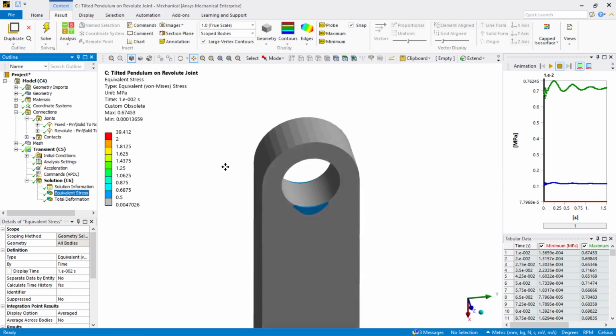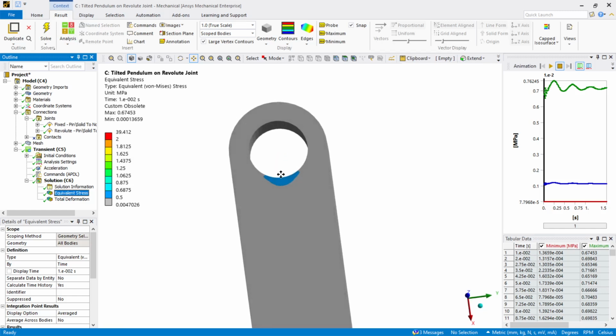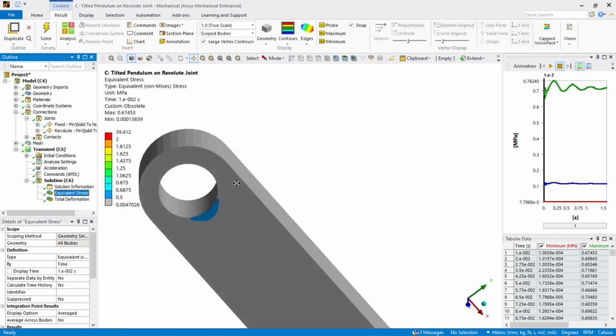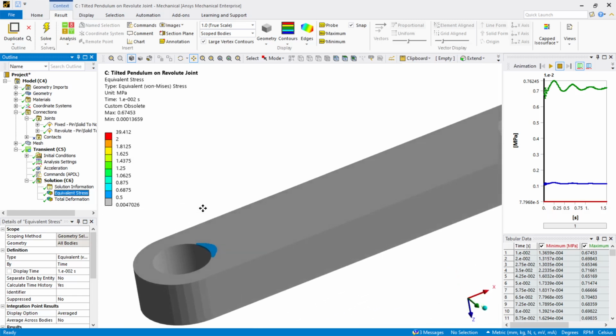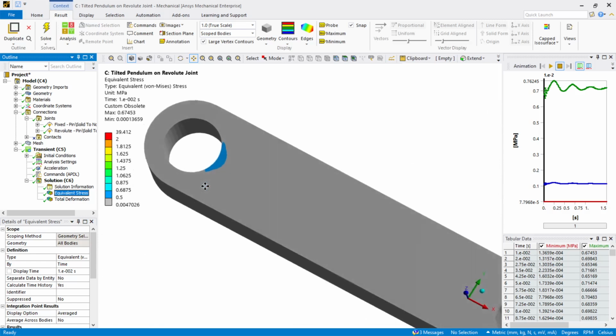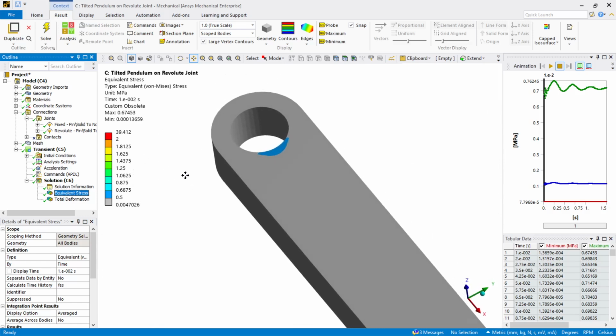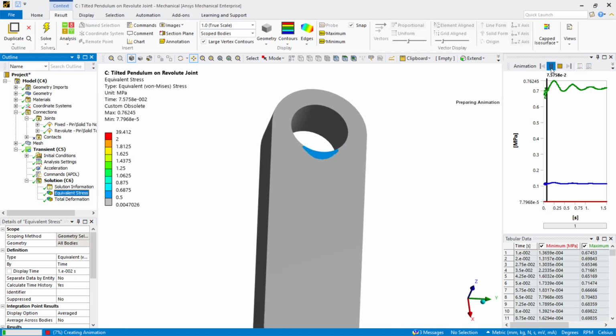So what we see here is a very small stress, basically on the wrong side, and not taking into account any of the difference caused by the tilted plane. So that's why we wouldn't use a revolute joint to get accurate stress results.